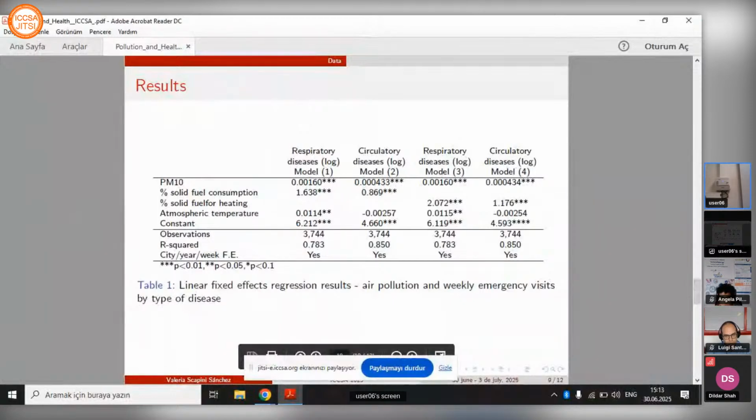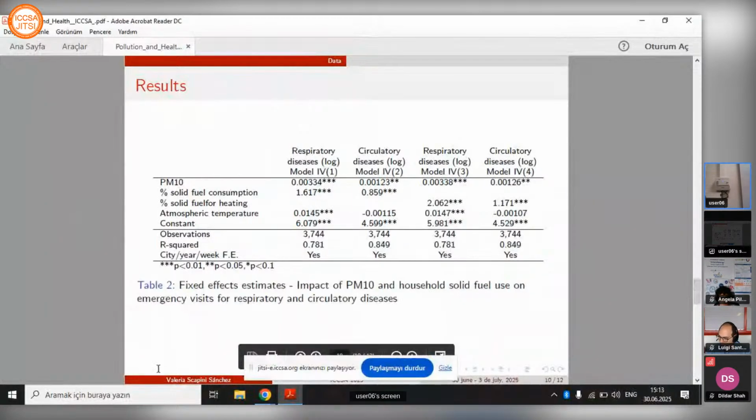The second table is using the 2SLS method, and the results are, I think, the same. Particulate matter is related in both, and solid fuel consumption in your house for everything is related with respiratory and circulatory disease.